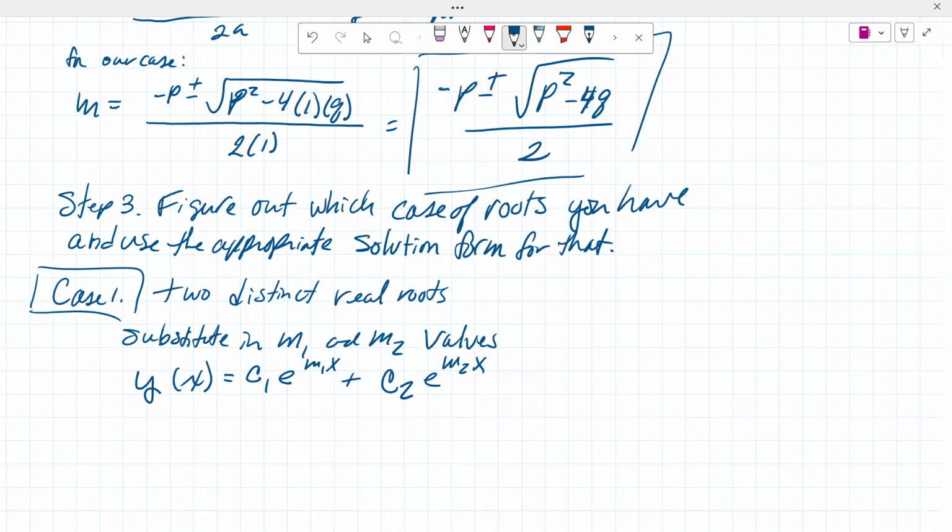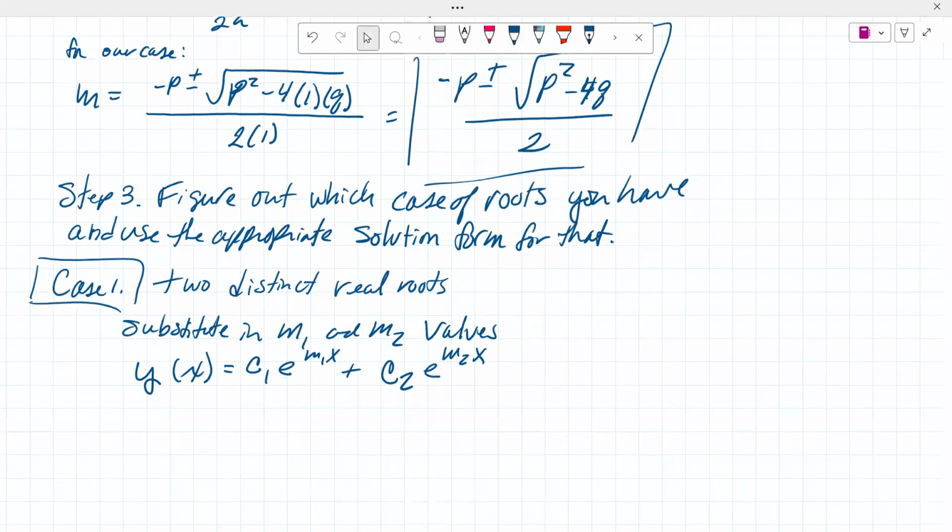It's of the form e to the m1 x, so m1 becomes your constant, and your c1 and c2 are your integration constants, which we do not know, but we would be able to figure out if we knew the boundary conditions, which we will be investigating later today.